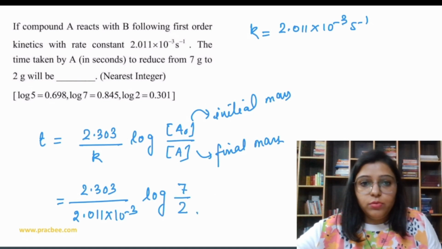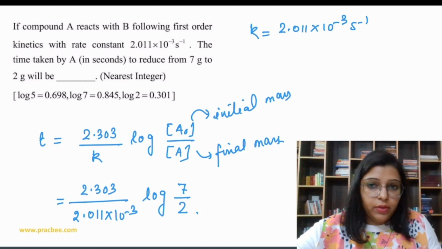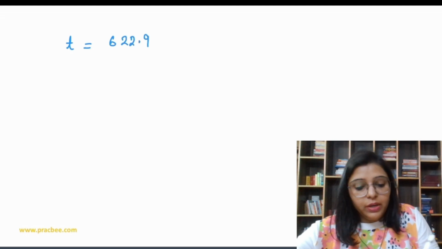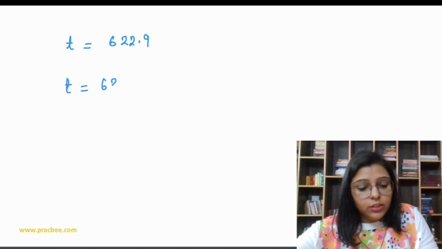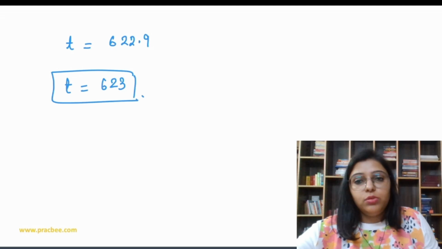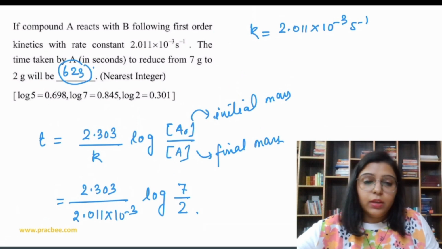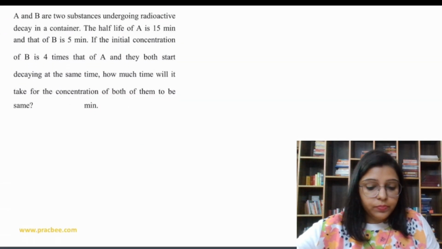Now you have to solve this. Once you solve it, you get time equal to 622.9, but you have to report the answer in nearest integers. So that is equal to 623. So the answer is 623. Okay. Now let's do the next question.